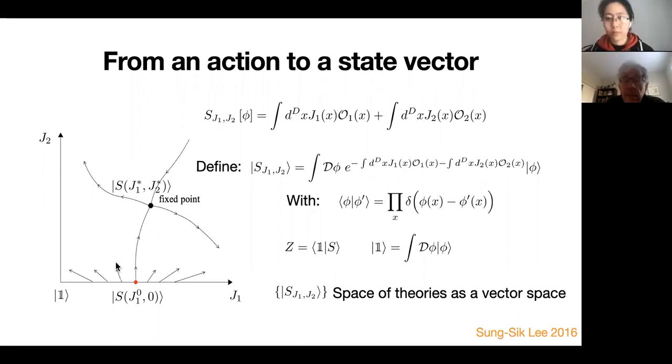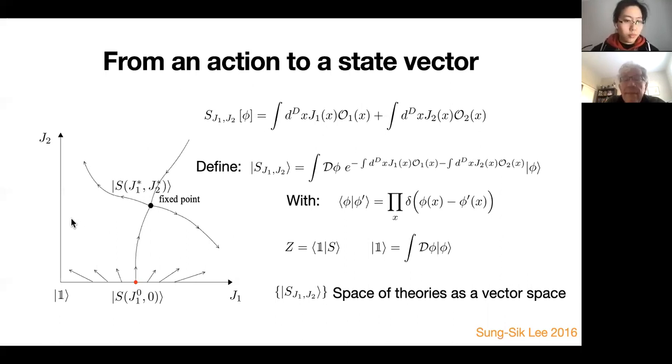Excuse me, I have a quick question to clarify something. On the diagram on the left, J1 and J2 seem to be just numbers, just usual couplings. But when you define the action, they become functions on space. So what's happening here? Yeah, this action and the figure are only schematic.